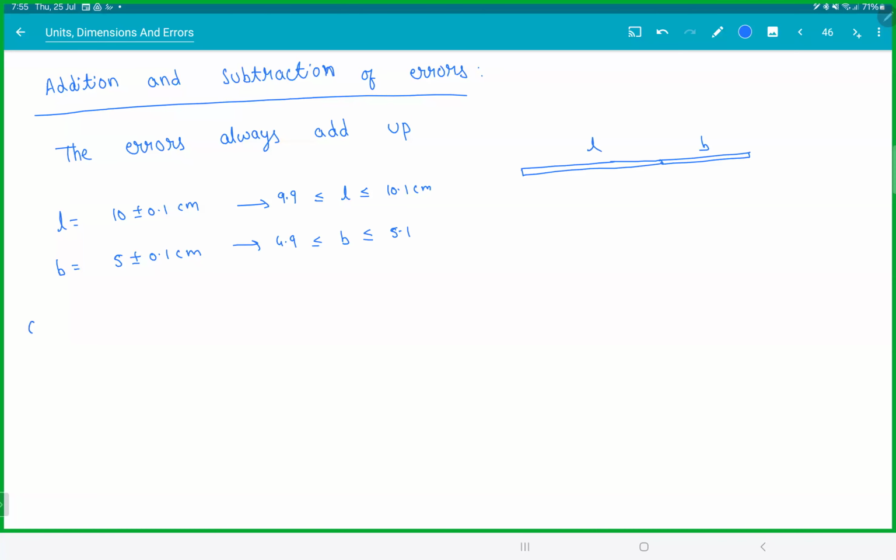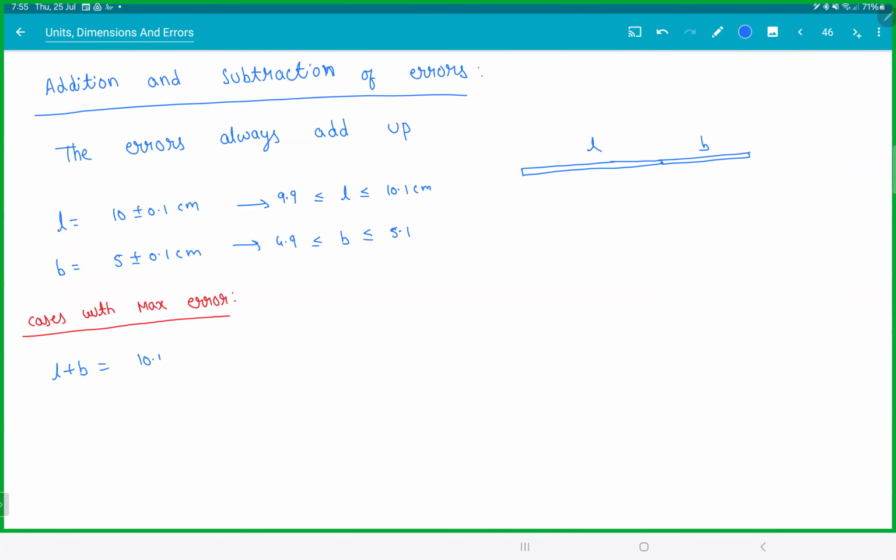Now, look at the worst thing that can happen. We will take the cases with the maximum error. So in science, we always take the worst possible situation and we want to be prepared for it. So when you add L plus B, what is the worst thing that can happen in one way? You took both of them on the positive side.